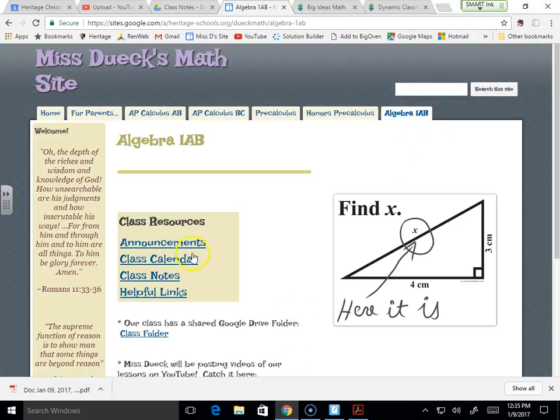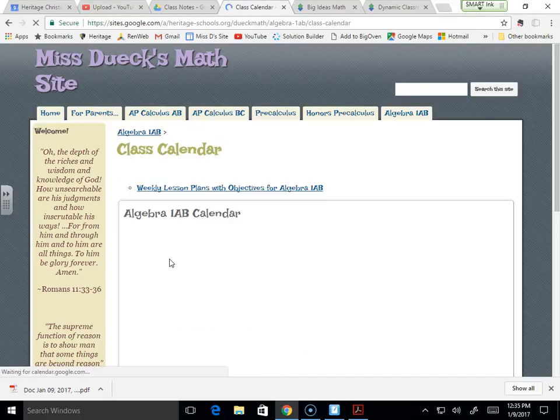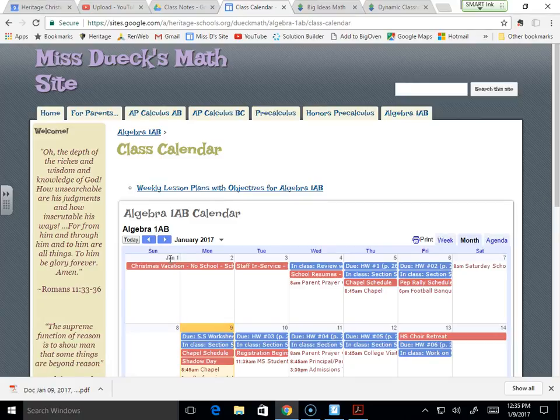On RenWeb, you can find a link to what? Class calendar. So you check mine. Let me show you. Can you guys help Robert out? He was gone. How do you find the website? Tiny URL. Write it down.